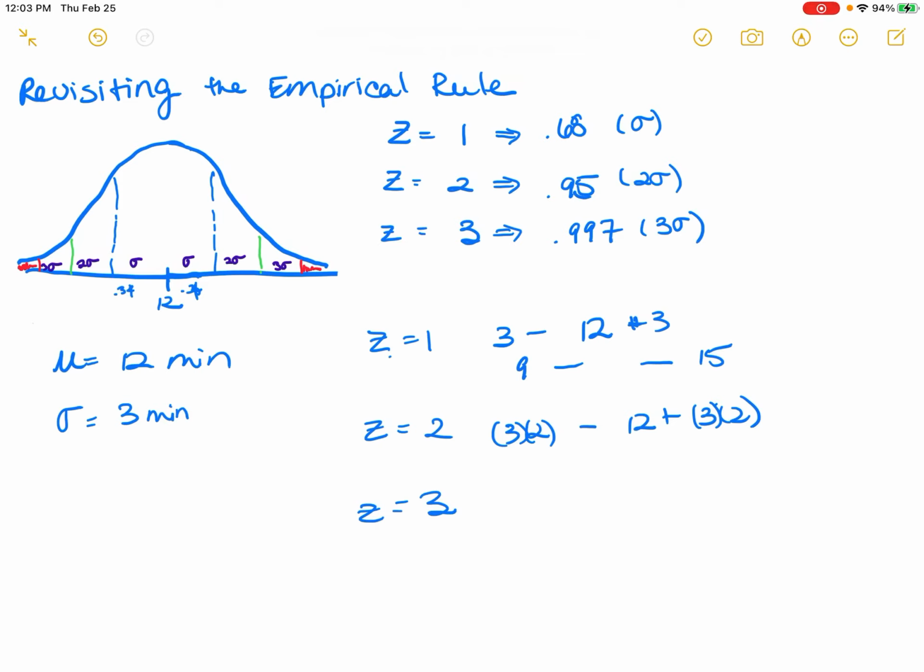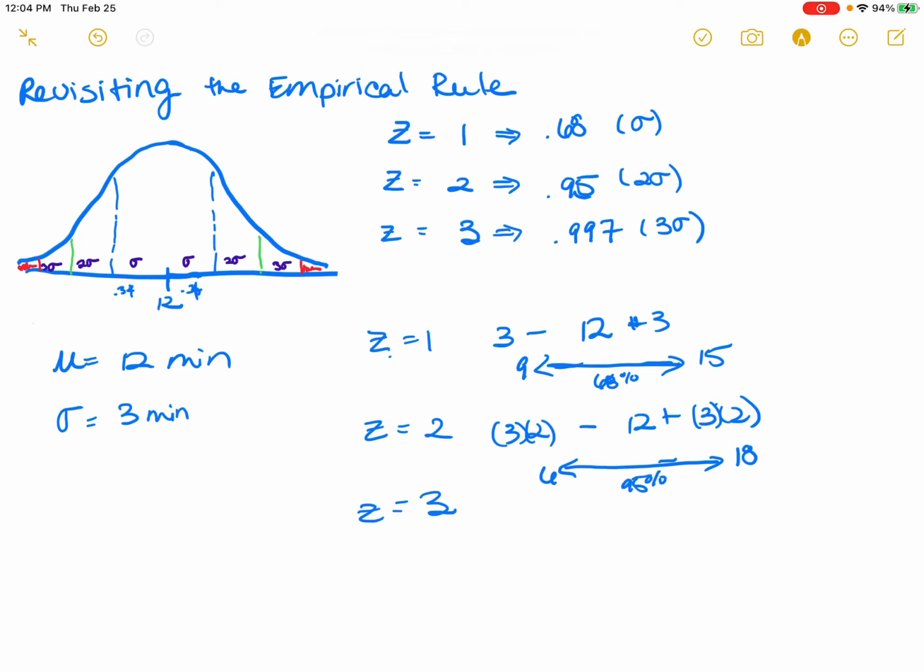So we know that within two standard deviations of the mean, 95% are going to fall between 18 minutes on one end and 6 minutes on the other. And that is the spread. So this is 68%.